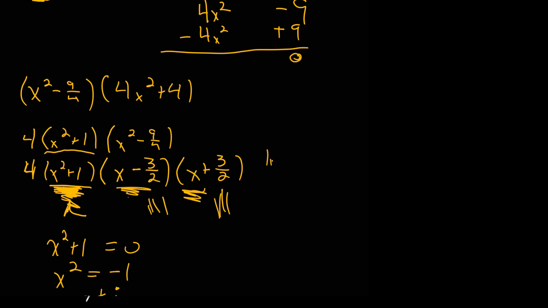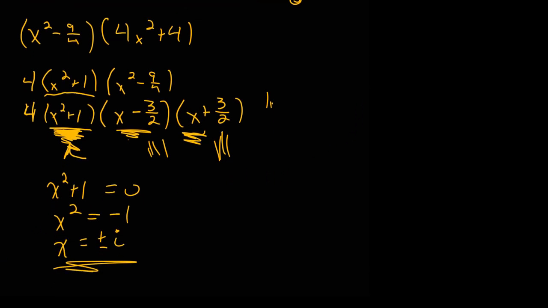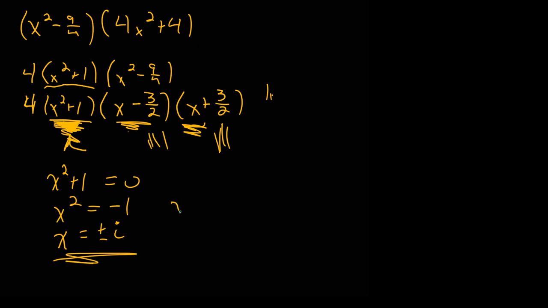Is i squared negative 1? Yes, negative 1 is i squared. Wait a minute, square root of negative 1. So Josh is asking, is negative 1 i squared? And so x is equal to plus or minus the square root of negative 1.